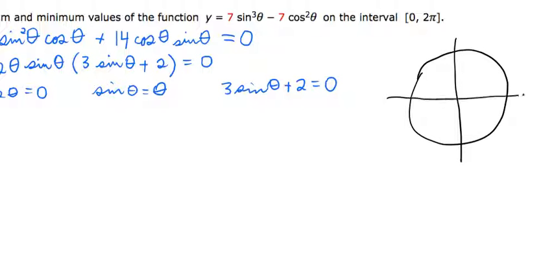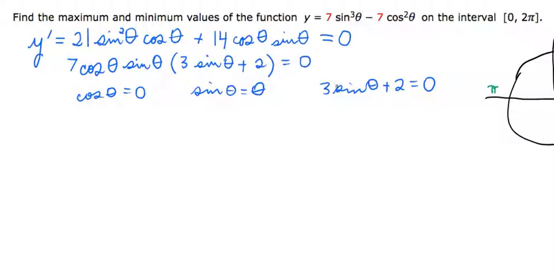If we are only looking in between 0 and 2 pi, that just means that we start here and we go around like this, we get to pi over 2, we keep going to pi, 3 pi over 2, and 2 pi. Okay, so going around like that, cosine of theta equals 0 where the x values are 0, which is right here at pi over 2 and 3 pi over 2.